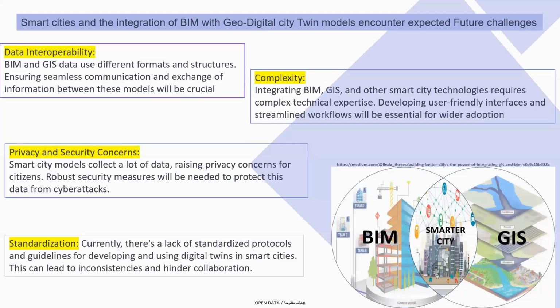So, data interoperability means that because BIM and GIS are in different systems with different standards, we will use standards to exchange data and understand it. For a smart city, you can see in the middle a connection between BIM, or urban and city planning in general, and GIS.